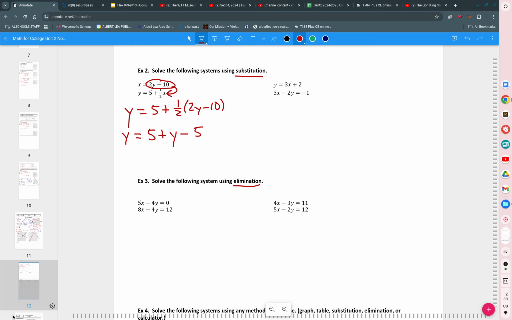What do you notice? I get y equals y. That's an interesting answer. What do you think that means?